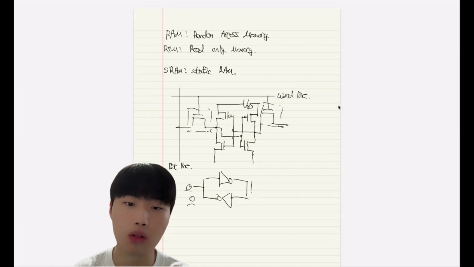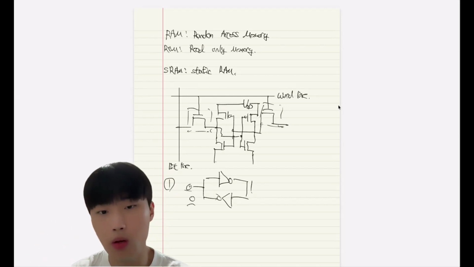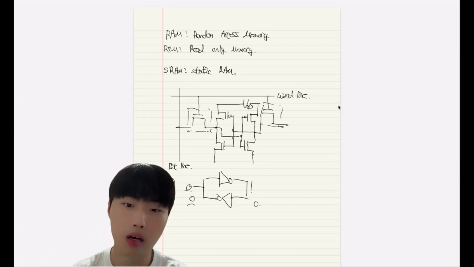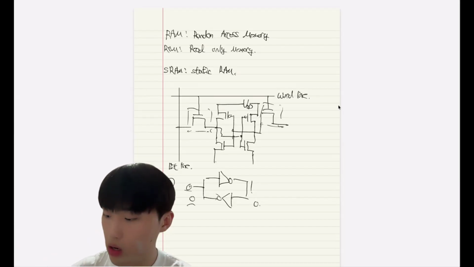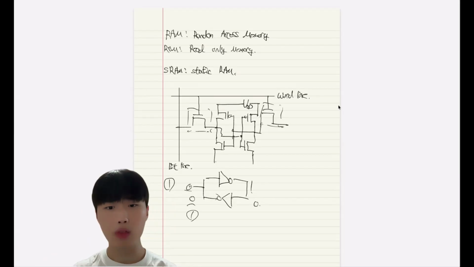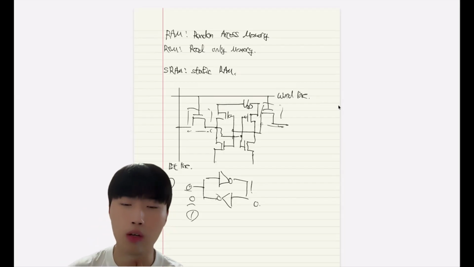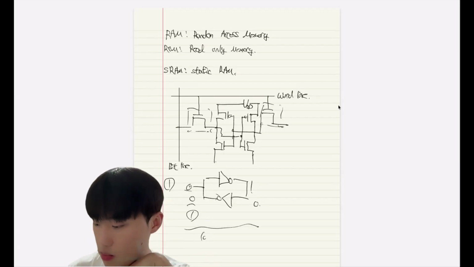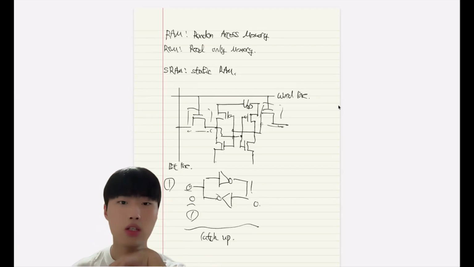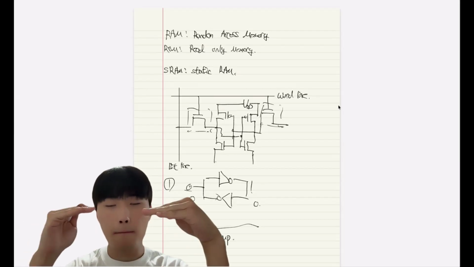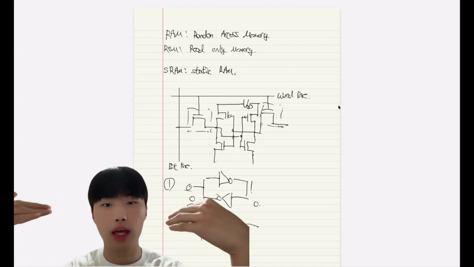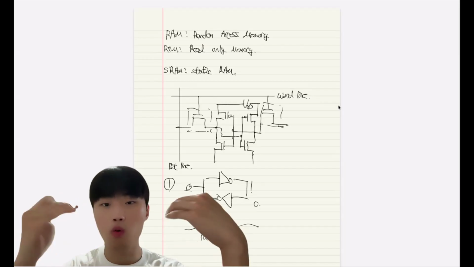Oppositely, when the input is one, the first inverter outputs zero and the second inverter outputs one. So it holds the same kind of memory storage. This is what we say is latched. Then when the word line is zero, the switch is turned off and the memory will not go over.